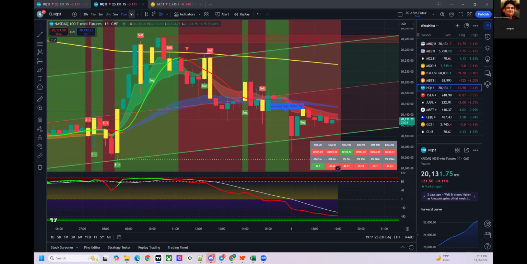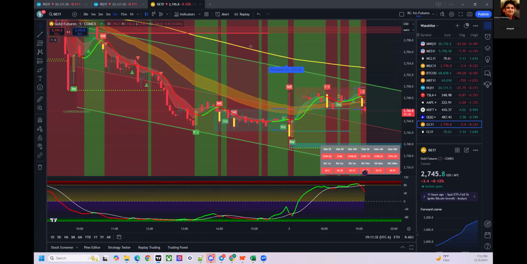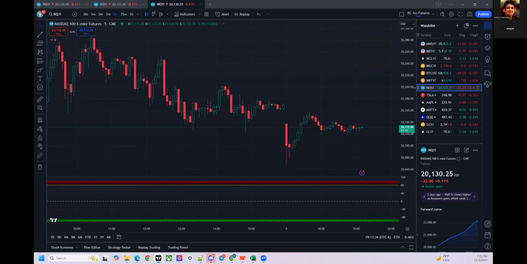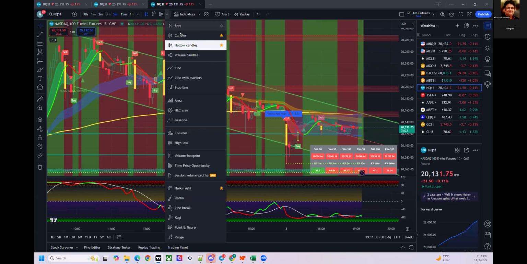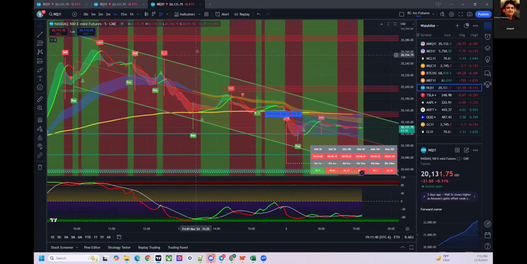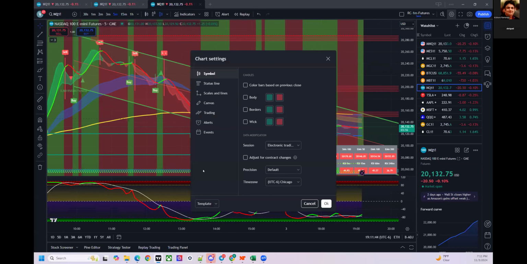So I generally use 5 minutes for prop firm trading. For personal accounts, you can use 15 minutes. This is 5 minutes. Let me just change the angle. You have to save that as default.